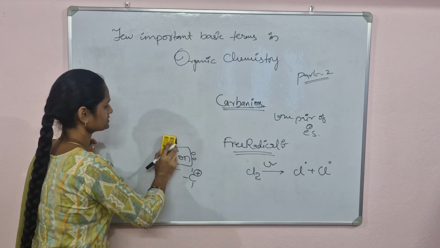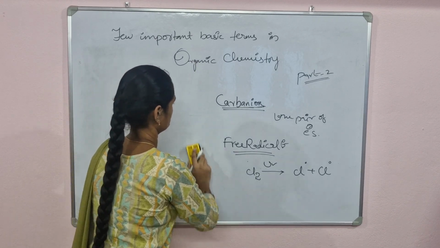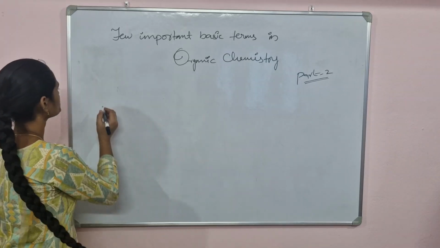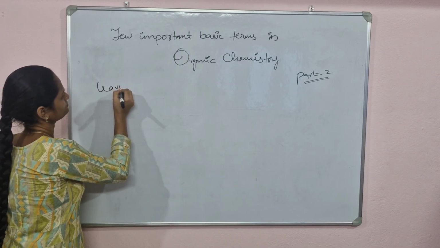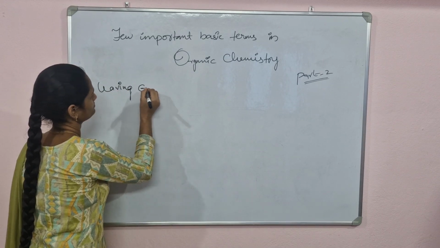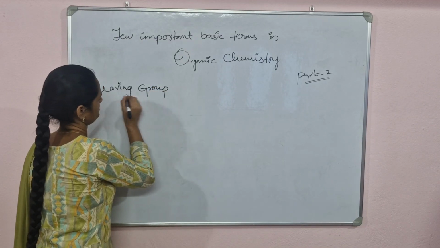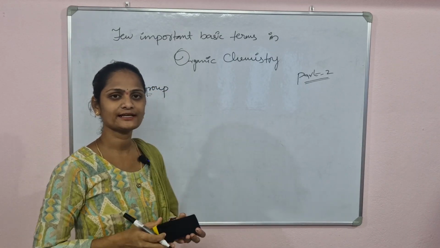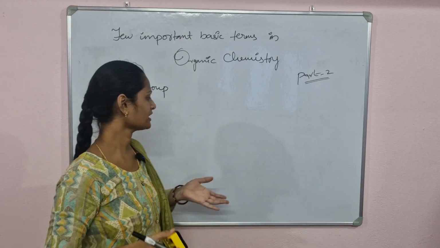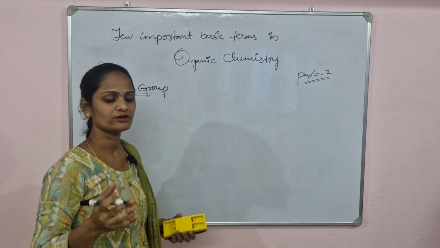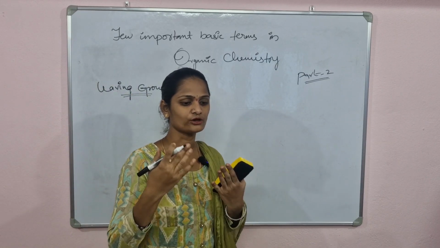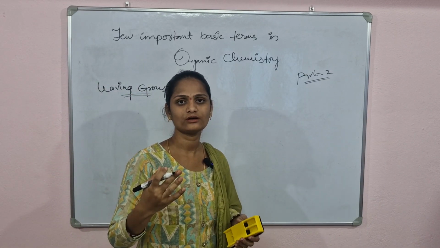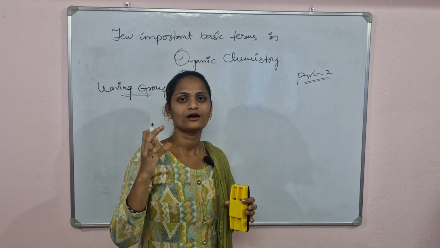Next we will discuss leaving group. The name itself tells that it is a leaving group. During any reaction, any molecule or atom or group will try to detach from the molecule.